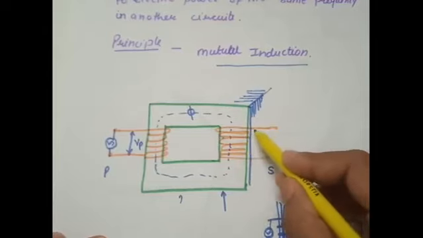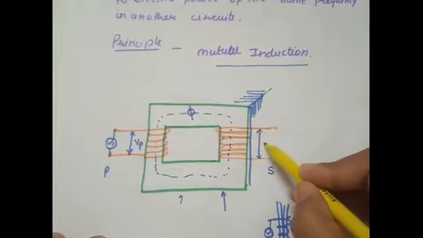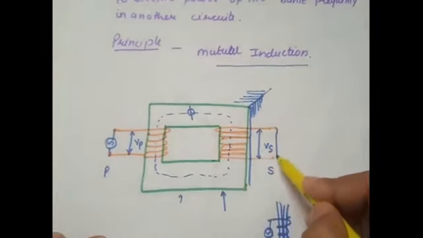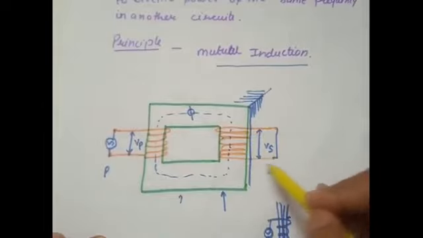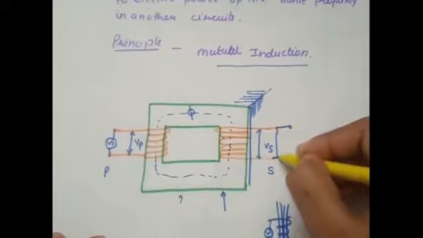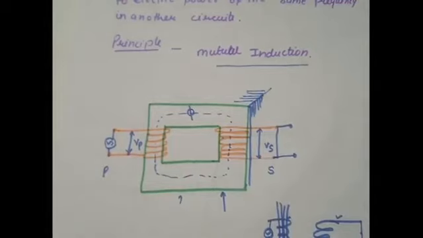That is why EMF will develop in this, and that will be Vs. And if this circuit is closed, the current will flow here, so from here we can take the output, either to be transferred to further electric power transmission. So this transformer is used to transmit electrical energy.